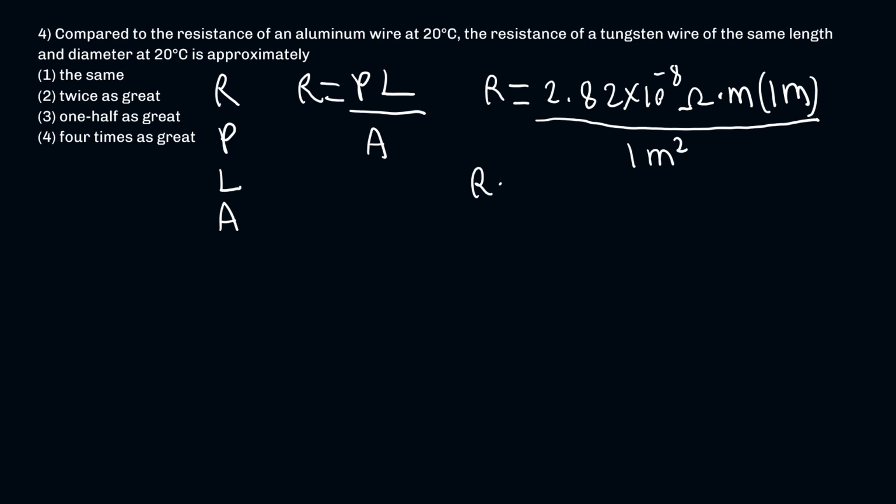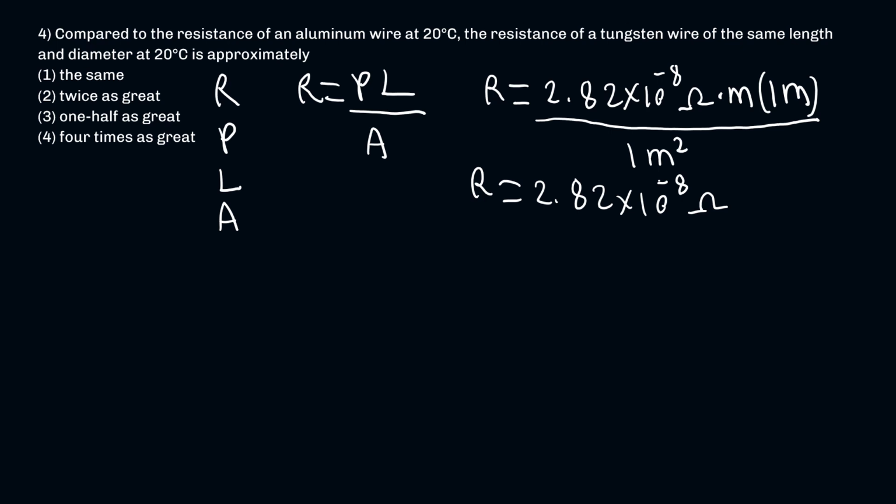So the resistance for the aluminum wire is just 2.82 times 10 to the negative 8th ohms. You could have also done this with just a regular law of ones and just kind of compared the two resistivities to each other from the beginning, but this kind of makes it a little bit more clear.